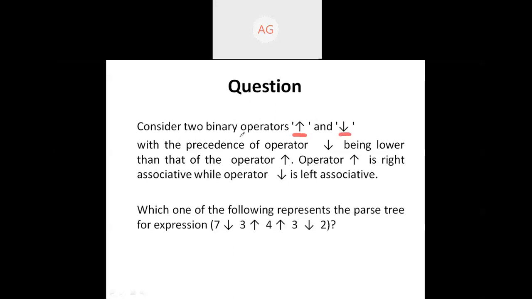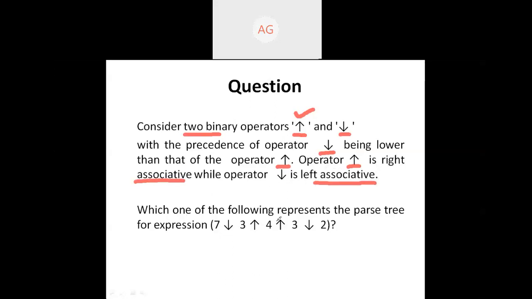The downward arrow has lower precedence than the upward arrow, which means the upward arrow has the higher precedence. The upward arrow is right associative, while the downward arrow is left associative. These are the conditions given in the question.